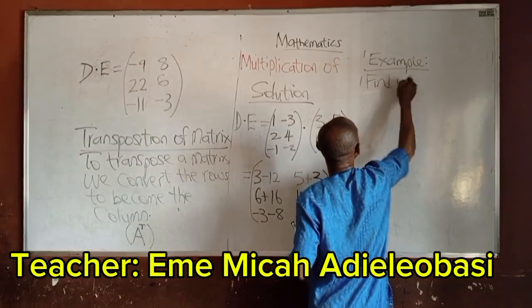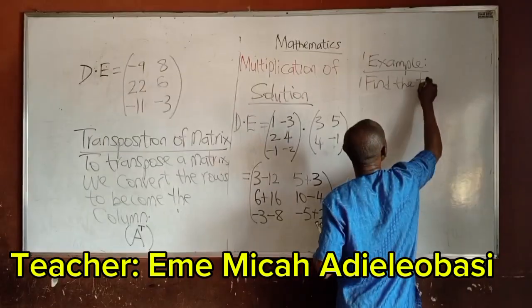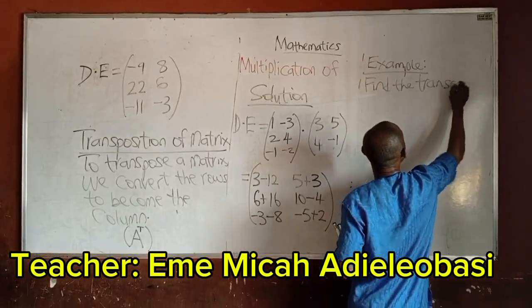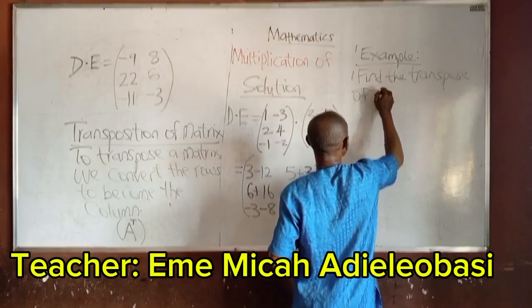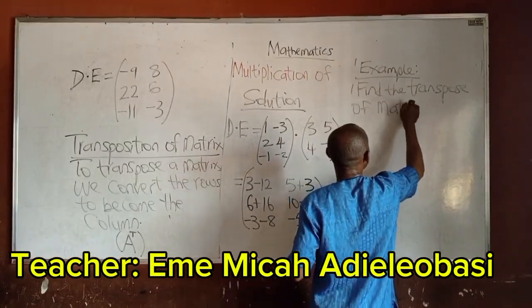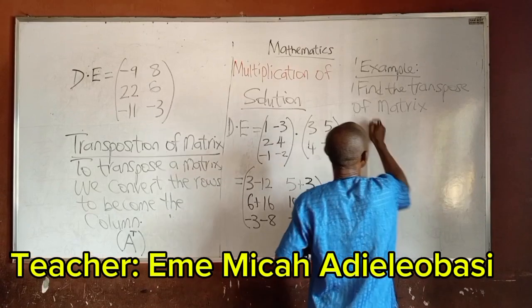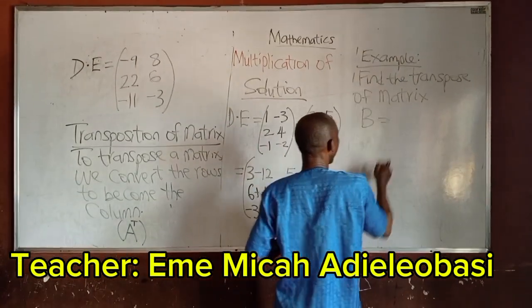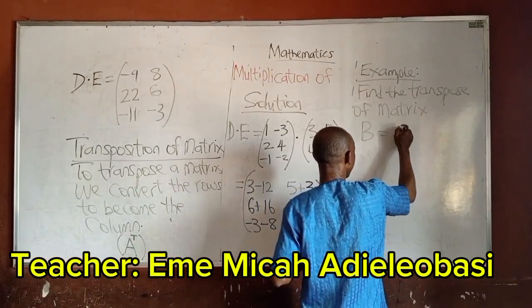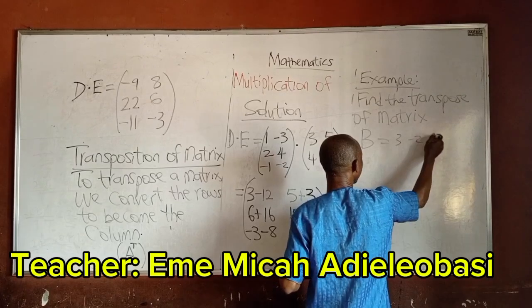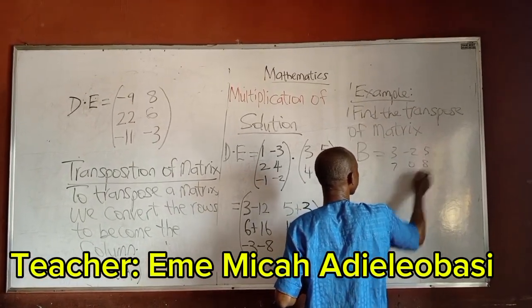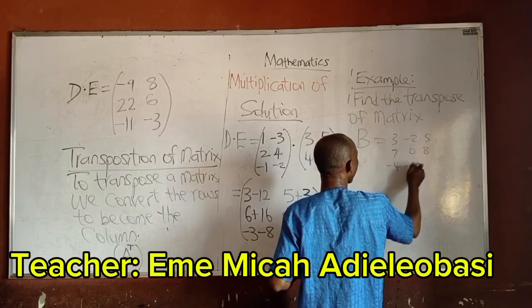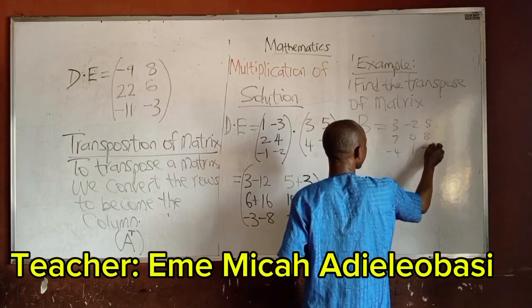Say, find the transpose of matrix B equal to 3 minus 2, 5, 7, 0, 8, minus 4, 1, minus 9.